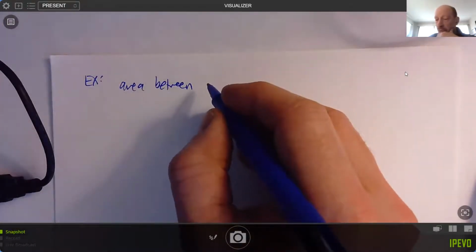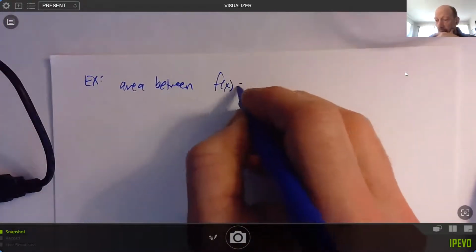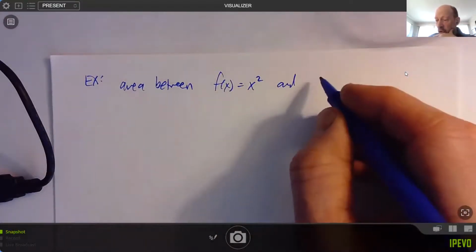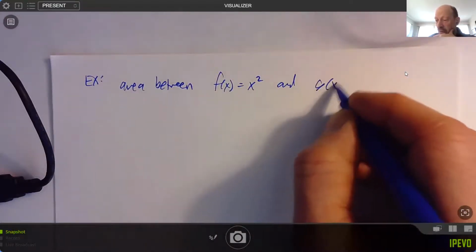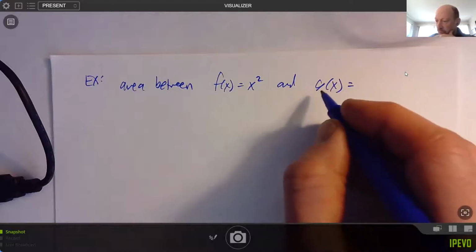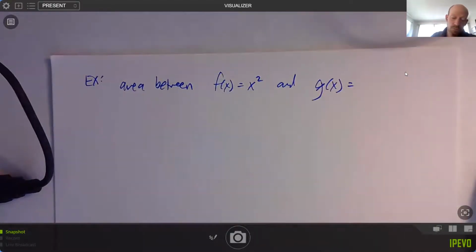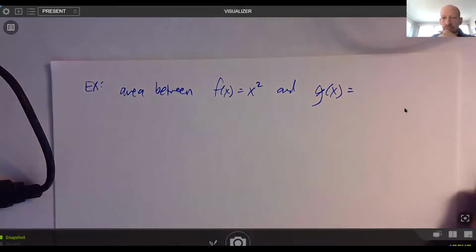Let's try the area between f of x equals x squared and, sorry, g of x.